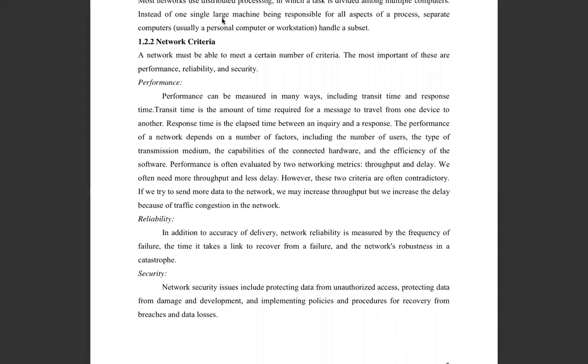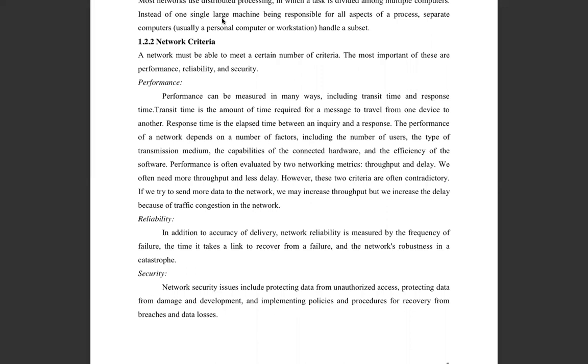Now, the performance of a network depends on a number of factors. One, it includes the number of users using that particular network, the transmission medium, the capabilities of the connected hardware, and the efficiency of the software you are using.